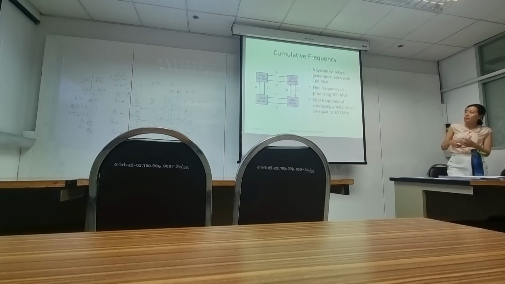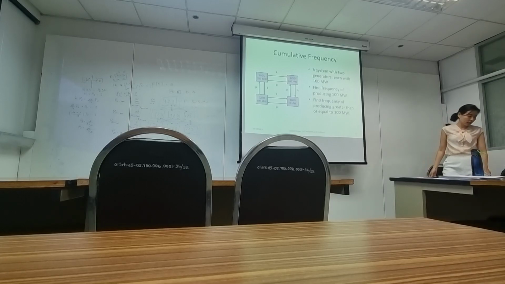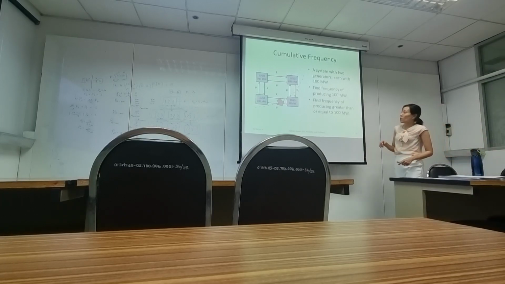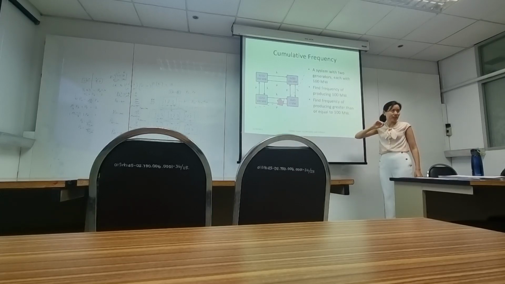There's another concept, the frequency of producing greater than or equal to 100. When you want to find the frequency of producing greater than or equal to 100, again, draw the boundary.